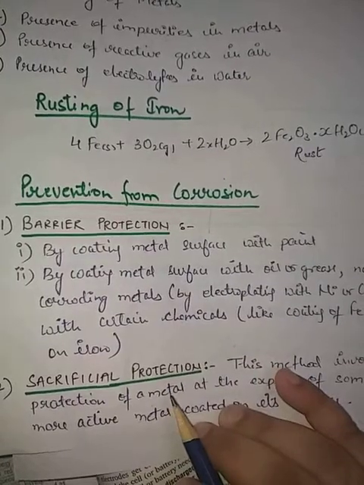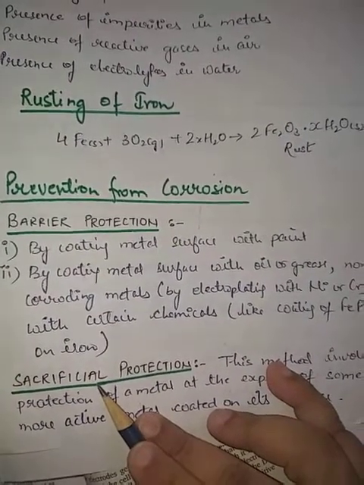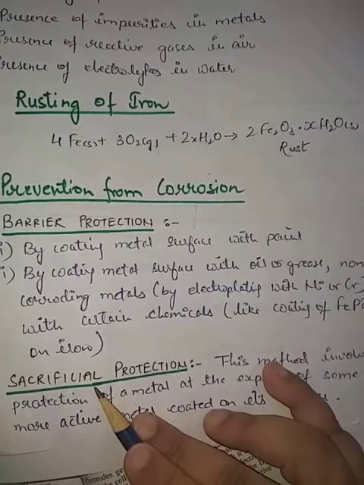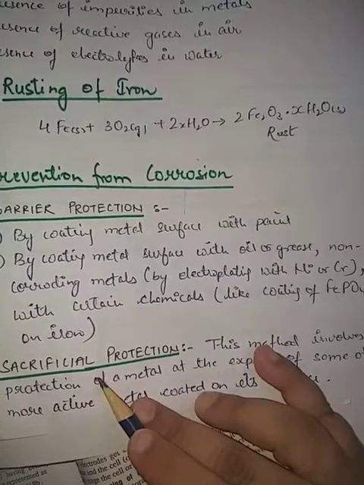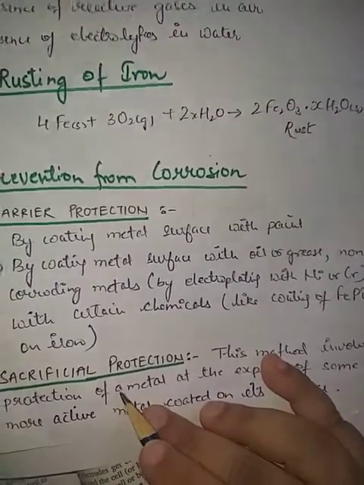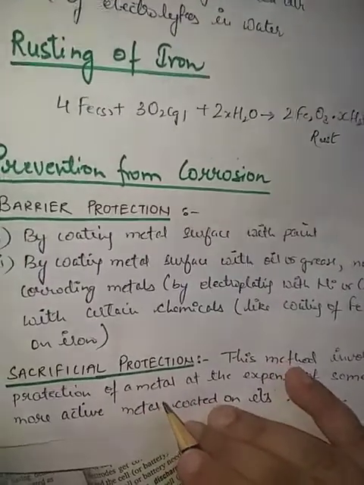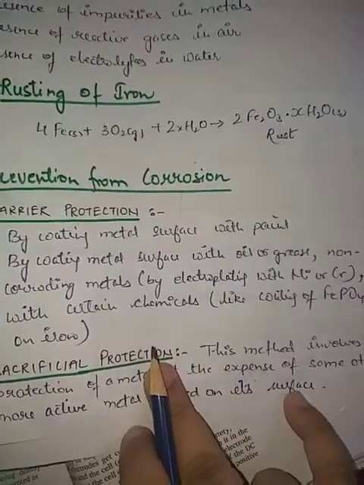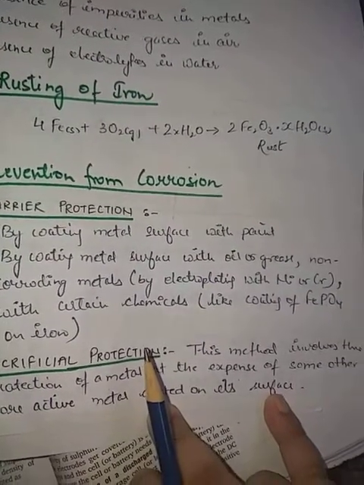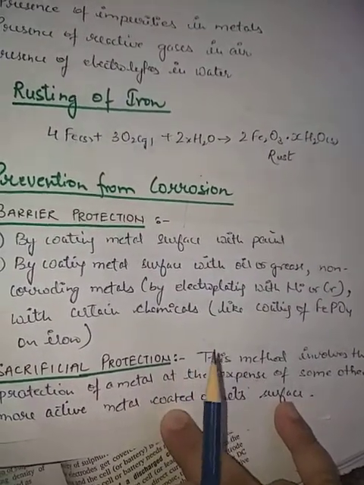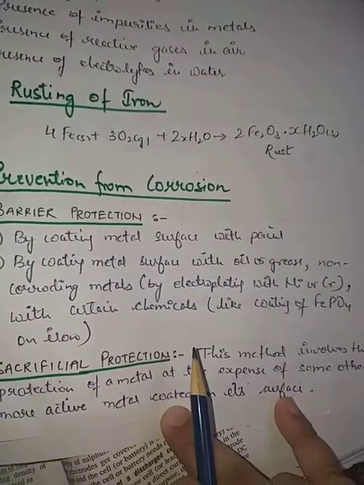Now this is sacrificial protection. Here a more active metal is used, like suppose sewage pipes are there, and we use some very active metal like magnesium for their protection. This method involves the protection of a metal at the expense of some other more active metal, because we have made the pipelines, but we have to protect those pipelines also.